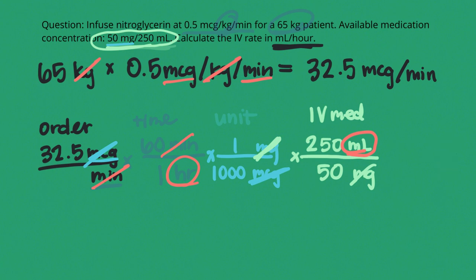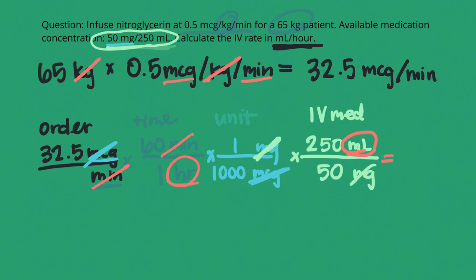I'll get this out of our way and we will do these calculations on the calculator. So first things first, we'll take the top. We'll take 32.5 from that order and we'll multiply it by 60. And then we'll multiply it by 1, and then we'll multiply it by 250.